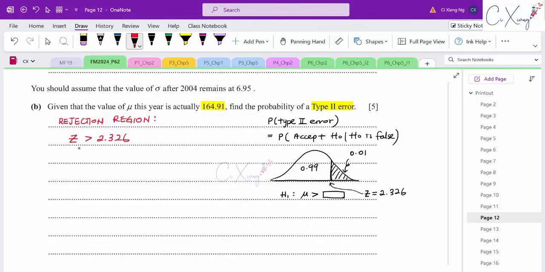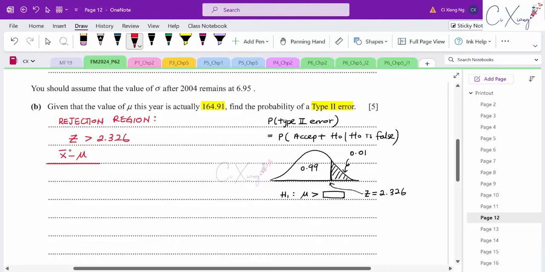So what is the formula for Z? Since we are using a sample mean to run the test, you have to use the sampling distribution: the sample mean minus the population mean, divided by standard deviation over square root n, and it is more than 2.326.